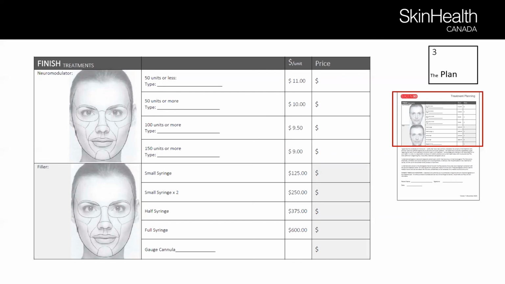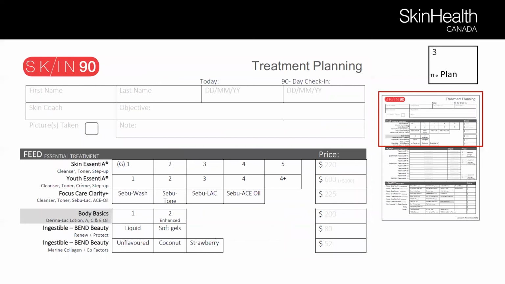And that's a great opportunity to start to talk about what you might want to add in terms of injectables, neuromodulators, and fillers to achieve the ultimate look that someone's looking to achieve. So that's a bit about the Skin90 plan, targeting dehydrated skin.